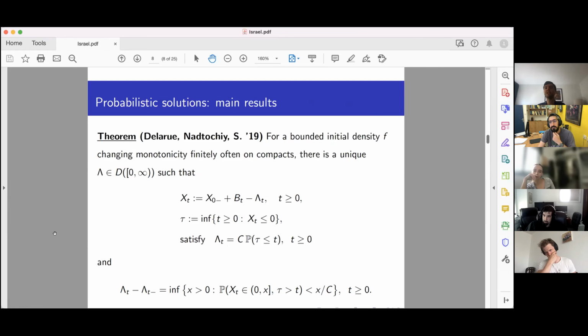The main result about this problem is now about 3 years old, and it started our research agenda here. It's a joint result with Francois Delarue and Sergey Nadtochiy.